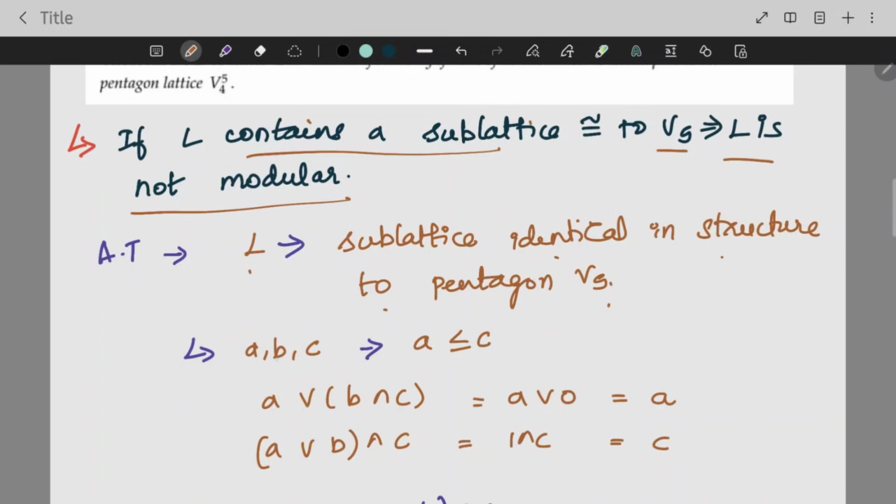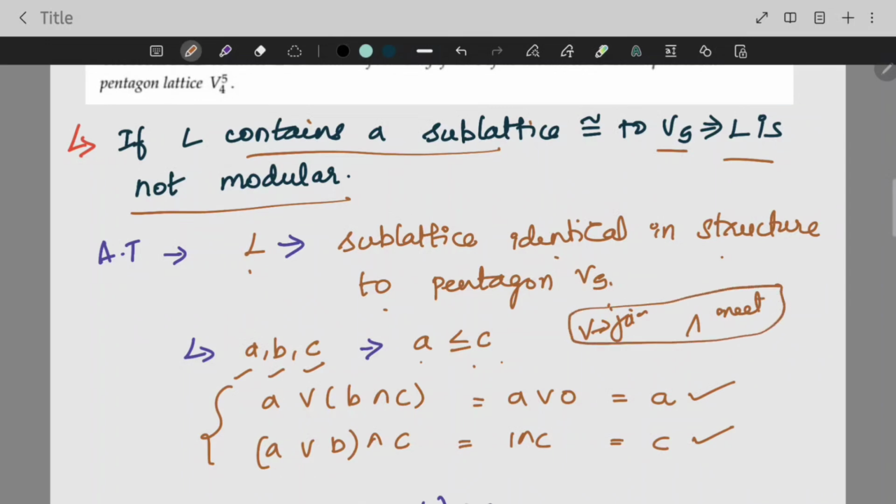Then pick elements A, B, C such that A is less than or equal to C, and also observe the following conditions: A union B intersection C is equal to A union 0, which is equal to A. And A union B intersection C is equal to 1 intersection C, which is equal to C. We have to say this union and intersection as join and meet.